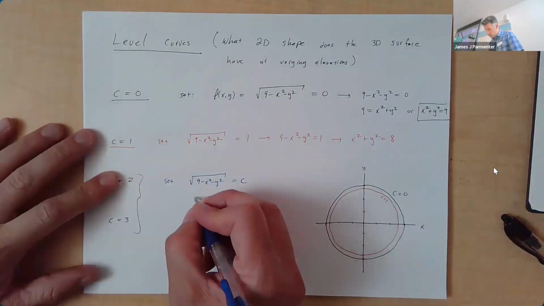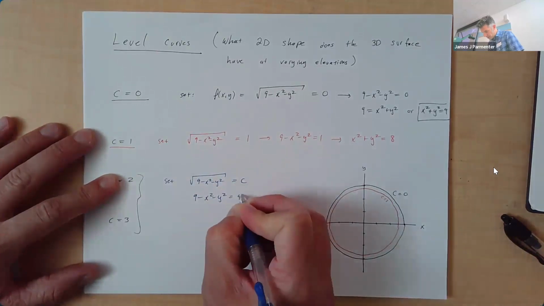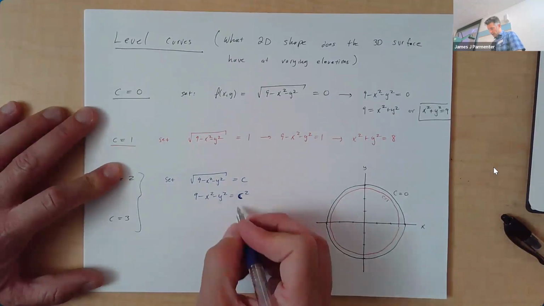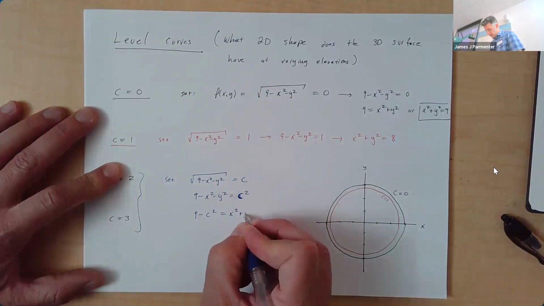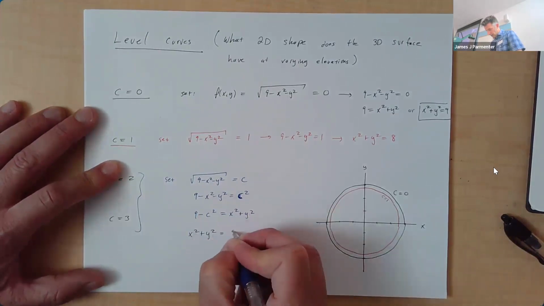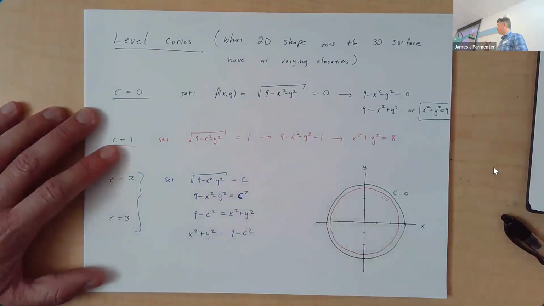Square both sides, equals c squared. Then I would subtract c squared and add x squared plus y squared to both sides. So we end up getting x squared plus y squared equals 9 minus c squared. That's a circle. What's the center?